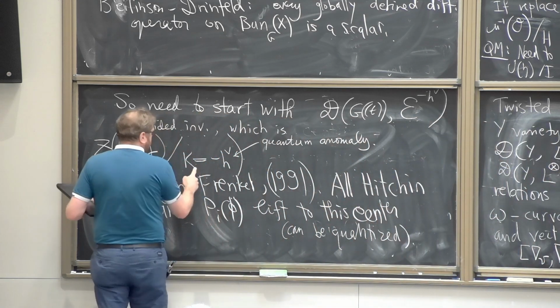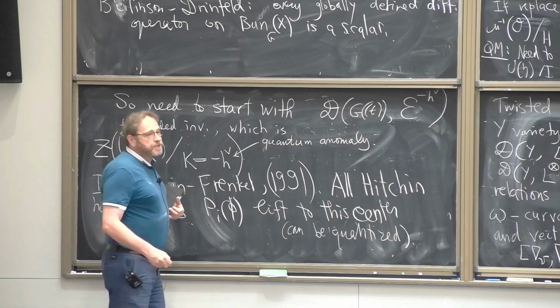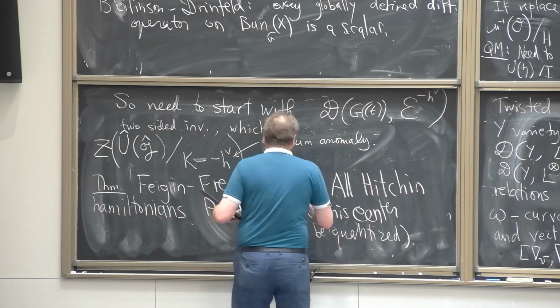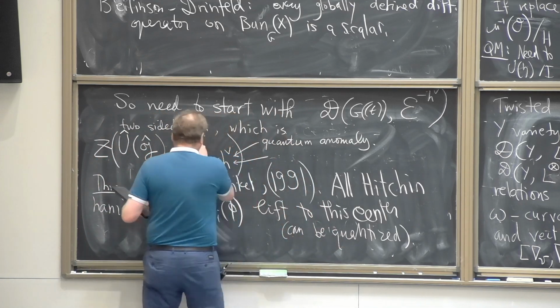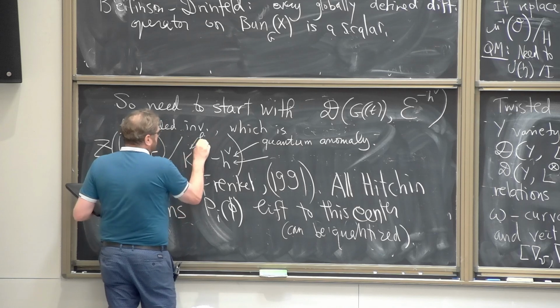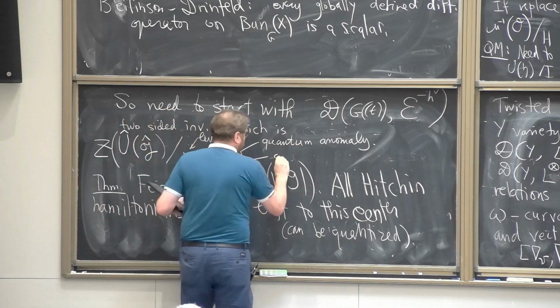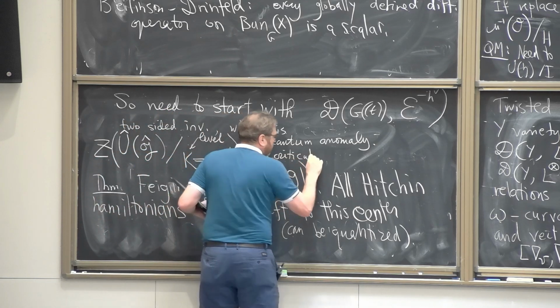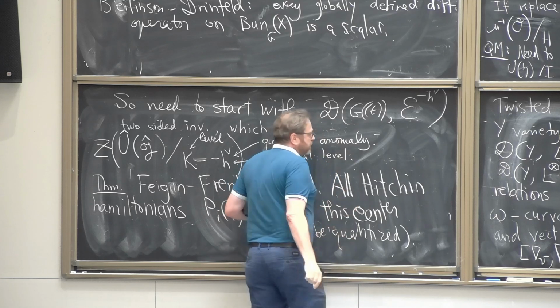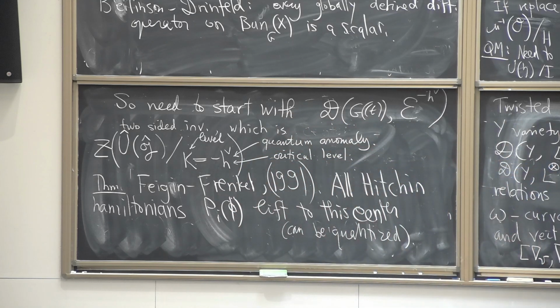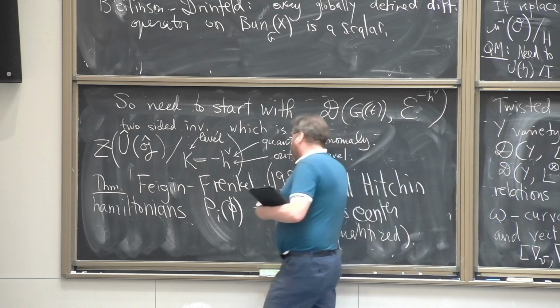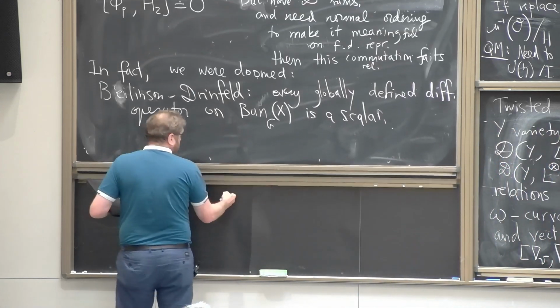They will all come with a factor K plus H check. So this value of K is called the level, and this is called the critical level, because Kac-Moody algebra representation theory behaves completely differently at this level due to the existence of this center.